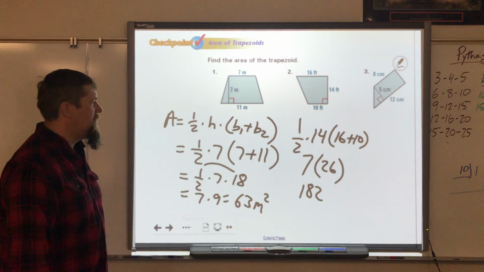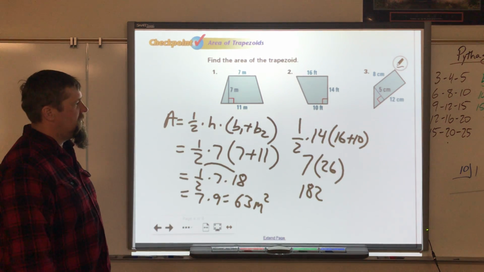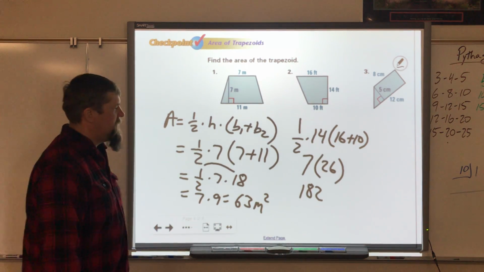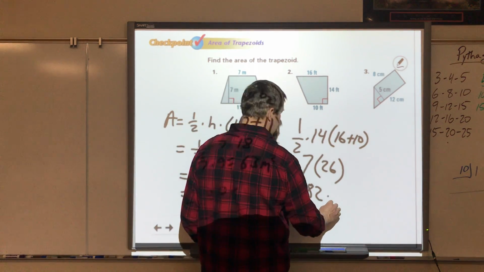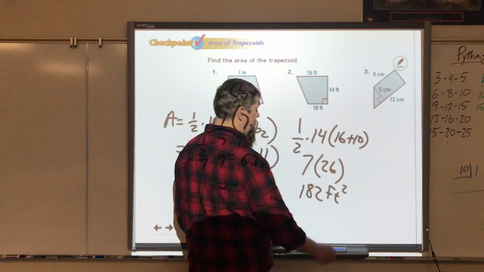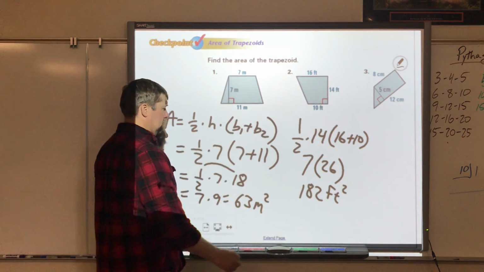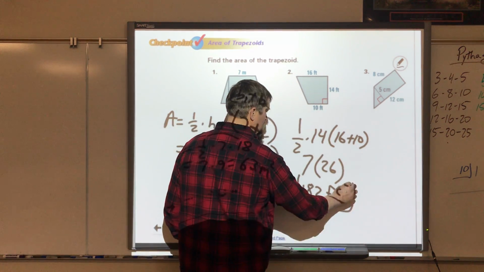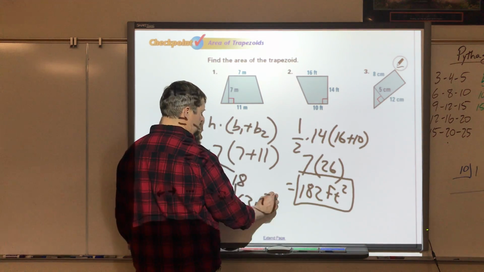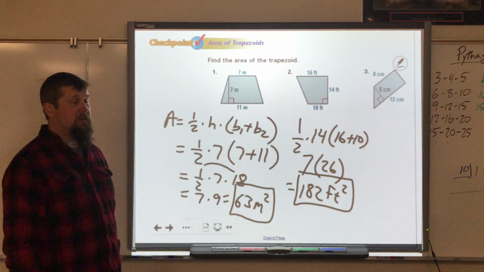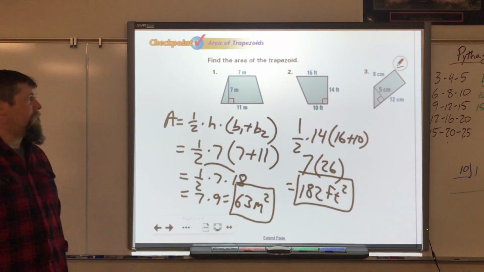Let's make sure. 7 times 6 is 42. 4 plus 14 is 18, so 182 feet squared. Putting a box around the answers is always nice. Cleans it up a little bit.